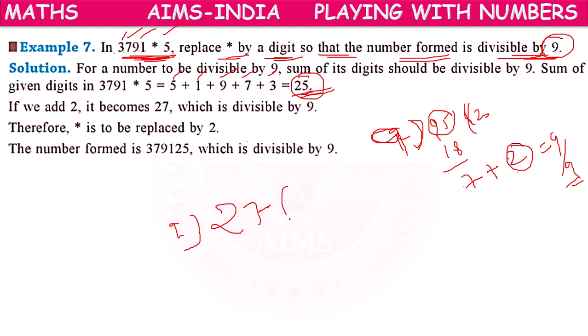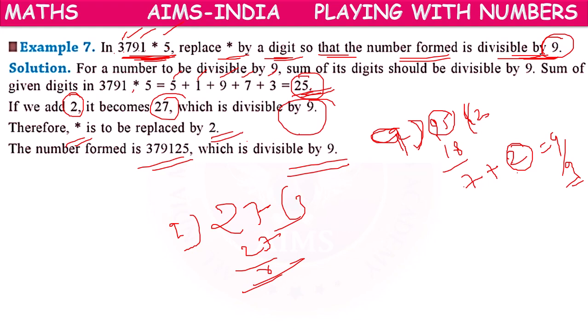Then 9 times 3 is 27, remainder 0. So if we add 2, it becomes 27, divisible by 9. So in the place of the asterisk, there should be 2. Then this number is divisible by 9. Like that we can guess the missing number.